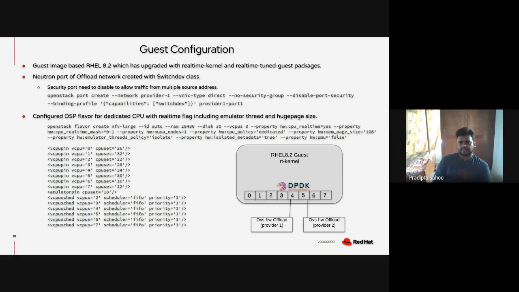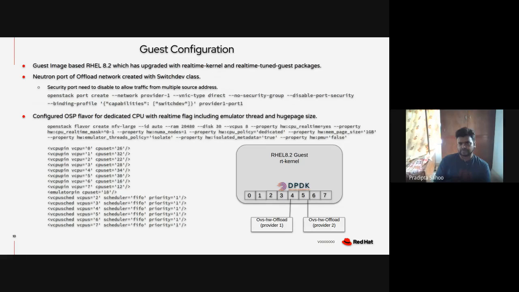And this is the Nova flavor spec, which is recommended for telco applications, the mission critical applications which you are running in the real-time compute node.